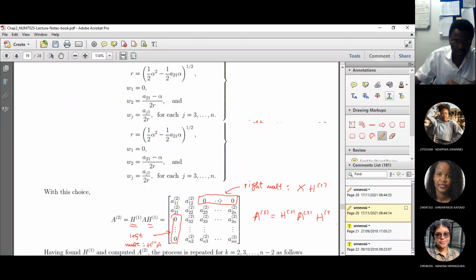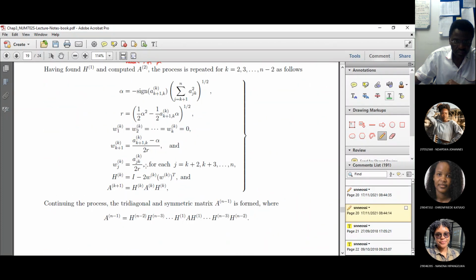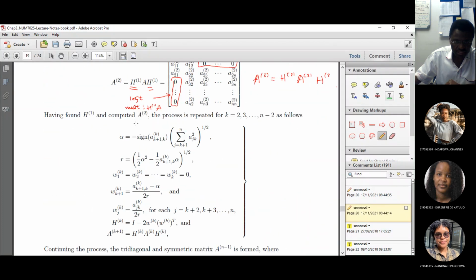So we are going to use this algorithm. If you see the summary, we'll use this one, or which can be generalized here. Everything is summarized here.